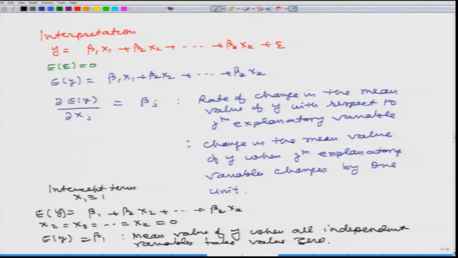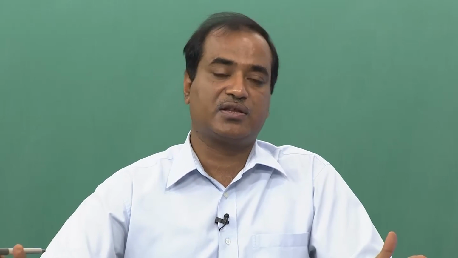And again, this is the same interpretation that we gave in the case of the simple linear regression model. There I considered only one variable x to be 0. Now I am saying that all of x1, x2, xk are going to take the value 0.